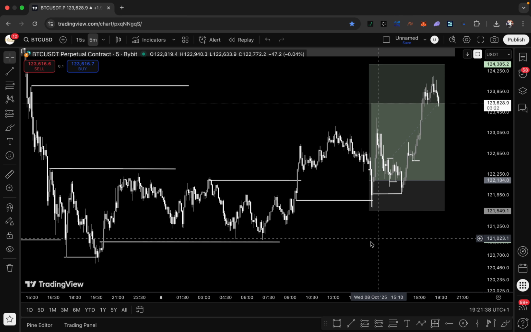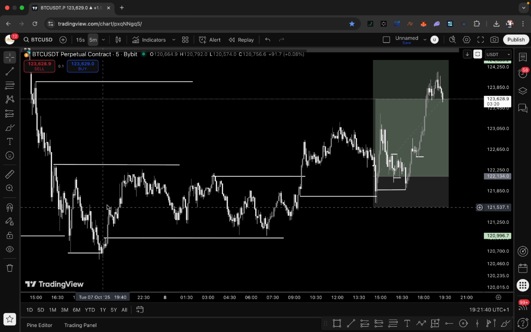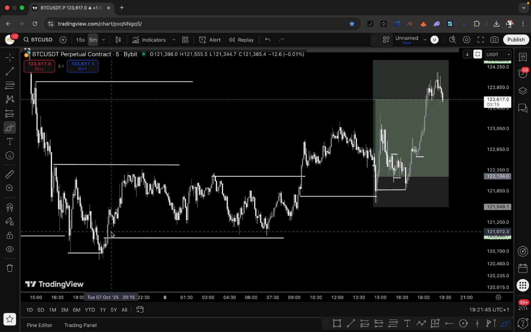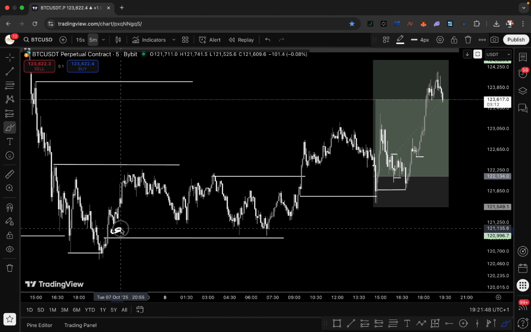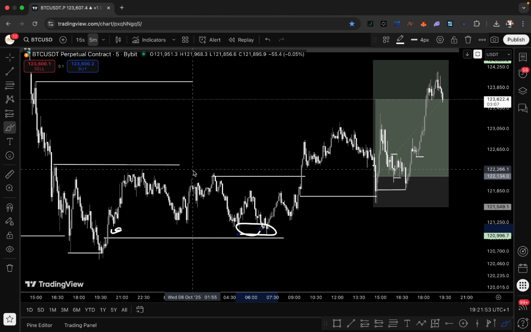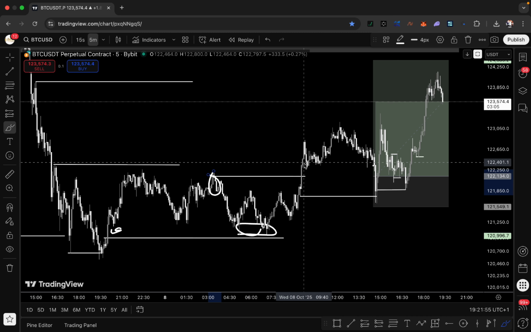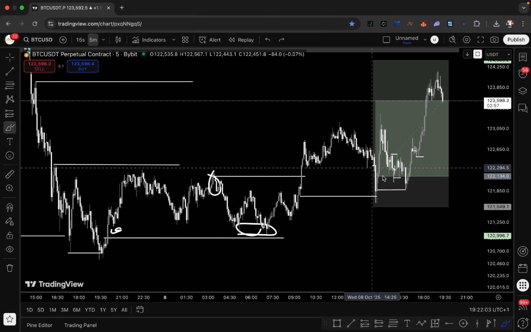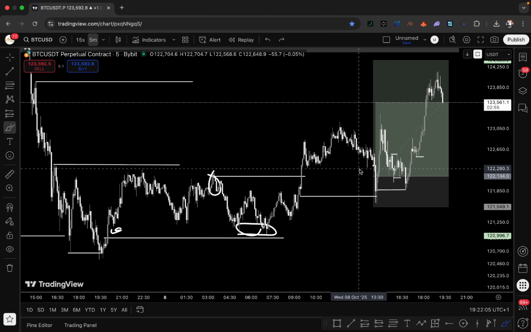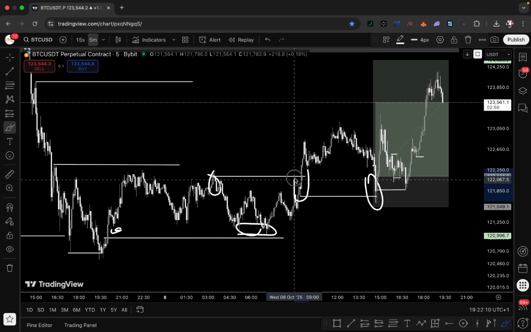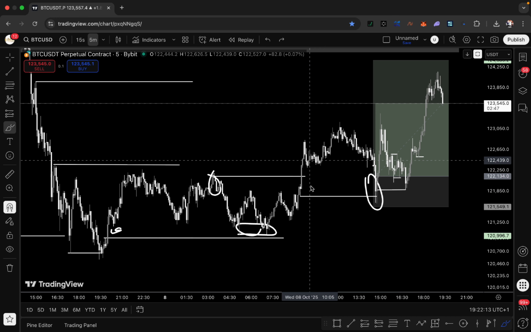If you look at this chart, you can clearly see how the market has been moving. This fair value gap got mitigated here and broke this structure. It also left a fair value gap here. The market came back with this order block, filled this fair value gap, and took out this liquidity. So you can see how the storyline works.